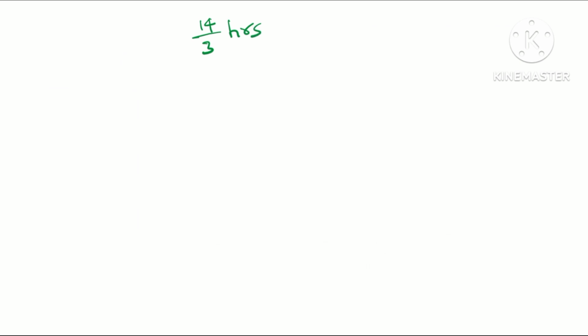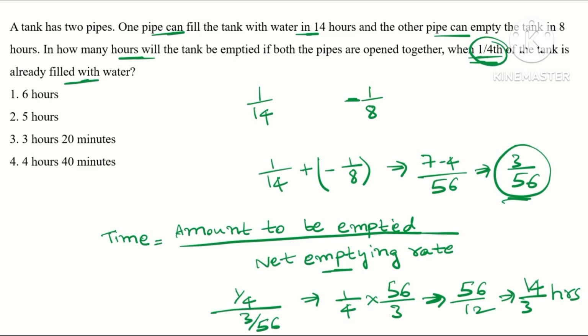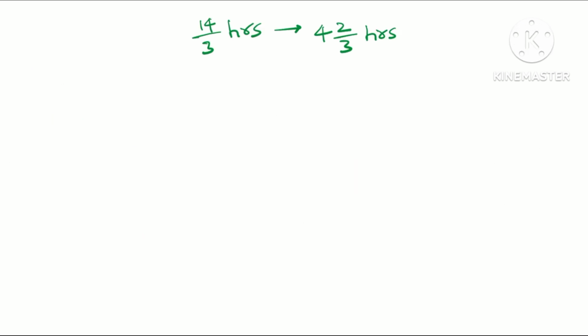If we turn this to a mixed fraction, we get 4 2 by 3 hours. In the options, they have given minutes. So let's convert this to hours and minutes.